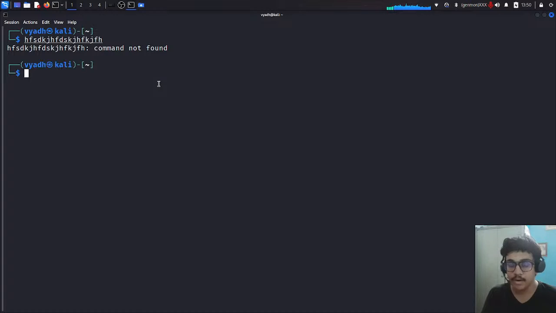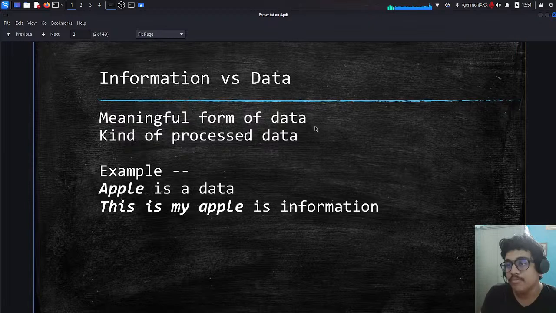But if I am writing the name of a fruit, apple, it is also data because there is no information attached to it, it is a standalone word, simply apple. But if I write this is my apple, I am specifying and objectifying this fruit, that this apple belongs to me. So that is information. Any meaningful form of data is known as information, or a kind of processed data.